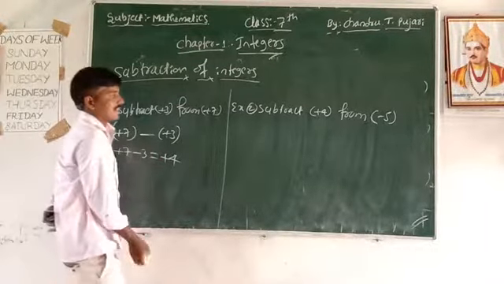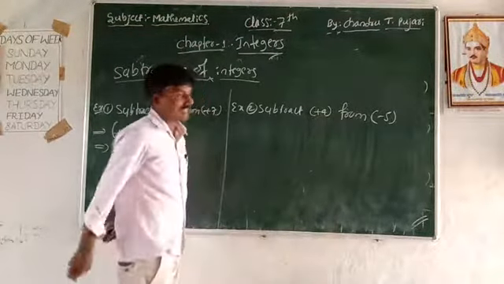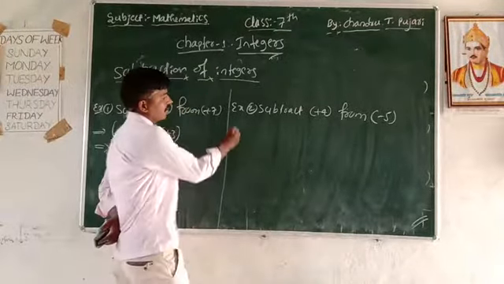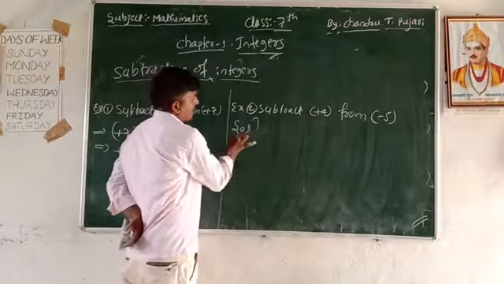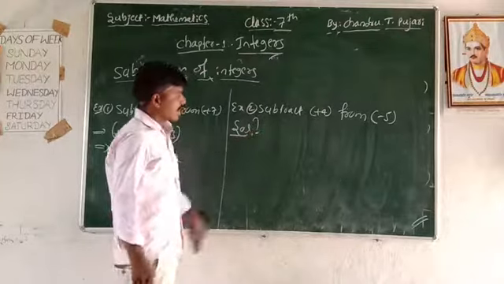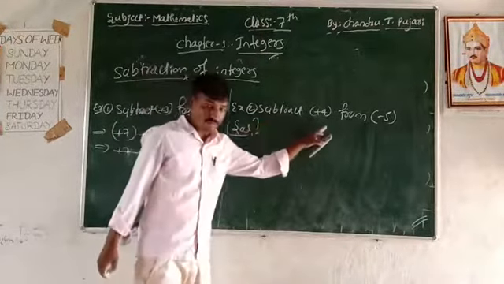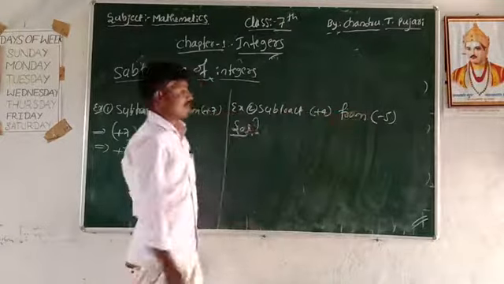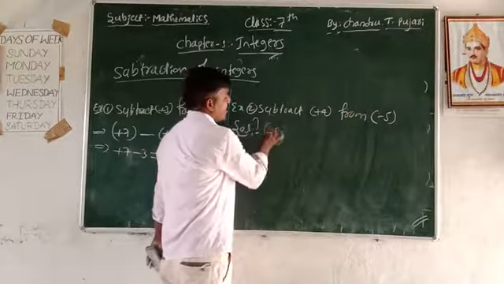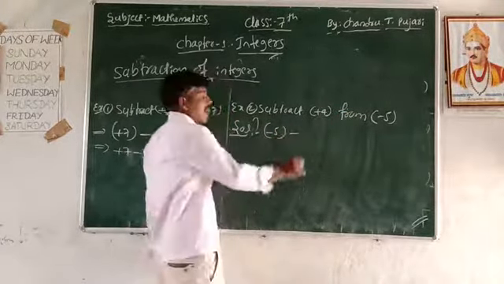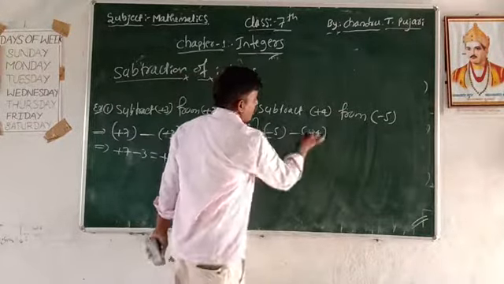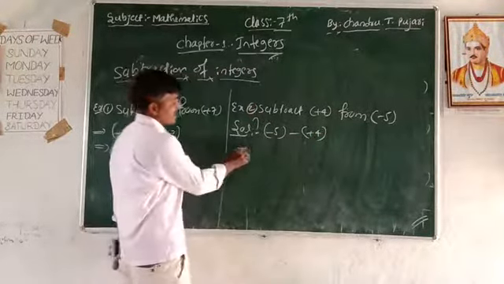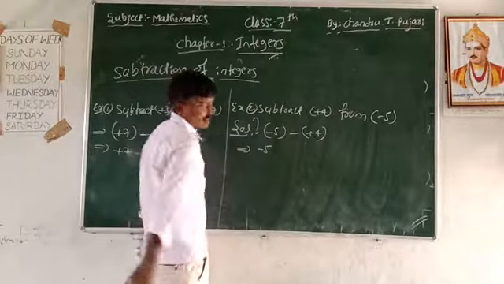The next one: subtract plus 4 from minus 5. Solution. First we write minus 5, from which we subtract plus 4. The first number stays as it is, minus 5.